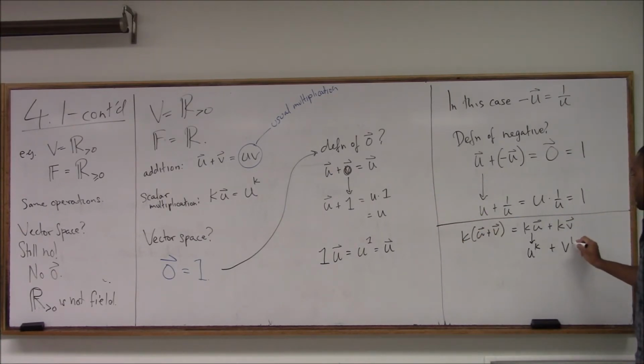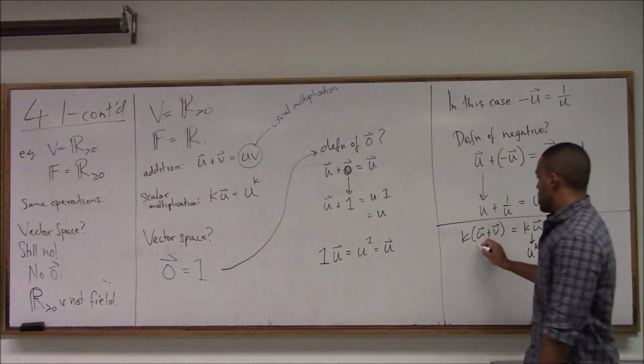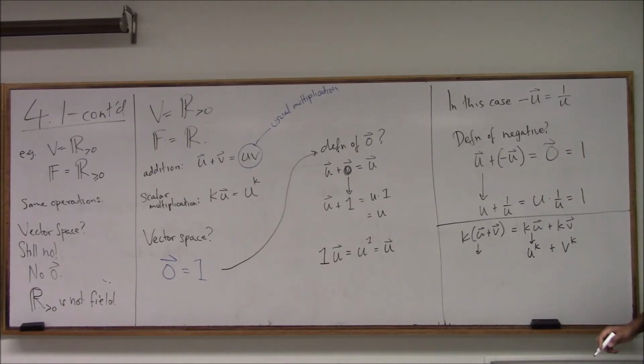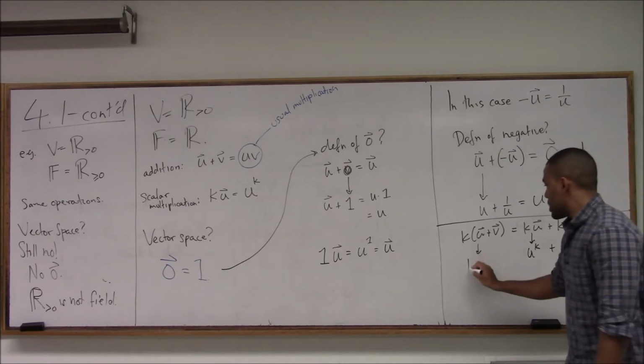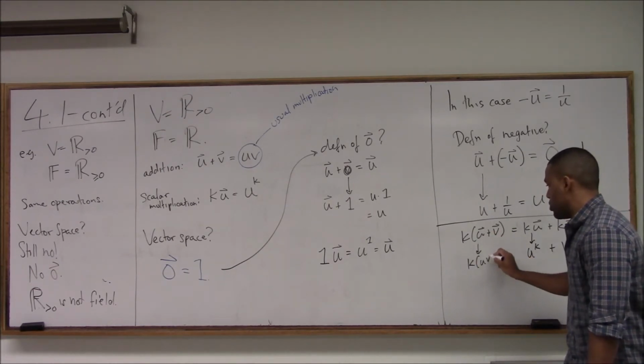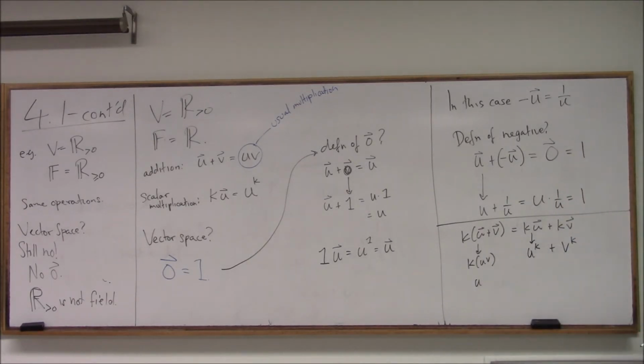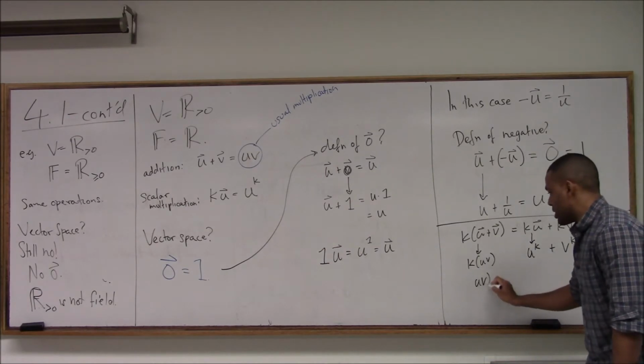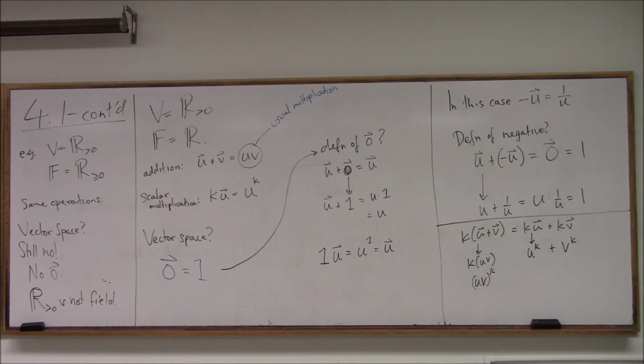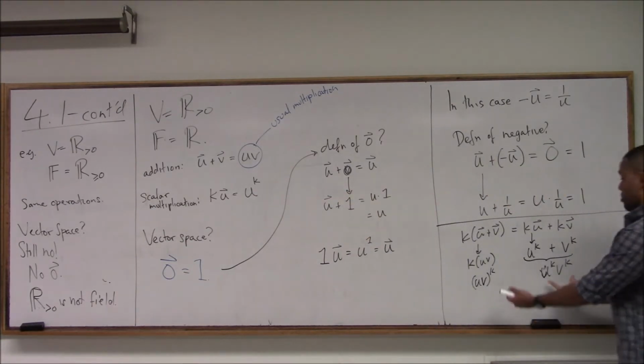Now what is the other side? It is (uv) to the k, since my addition is defined as uv. And distributing the power, that is u to the k times v to the k. By that definition, they end up being the same.